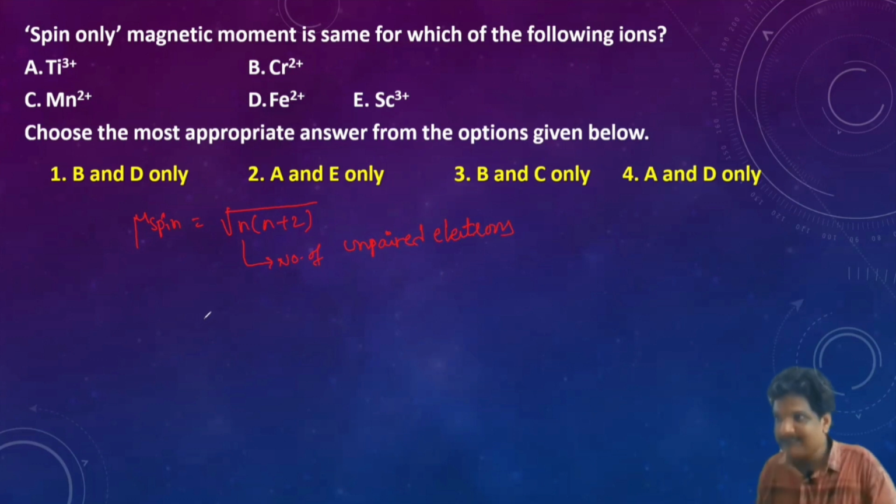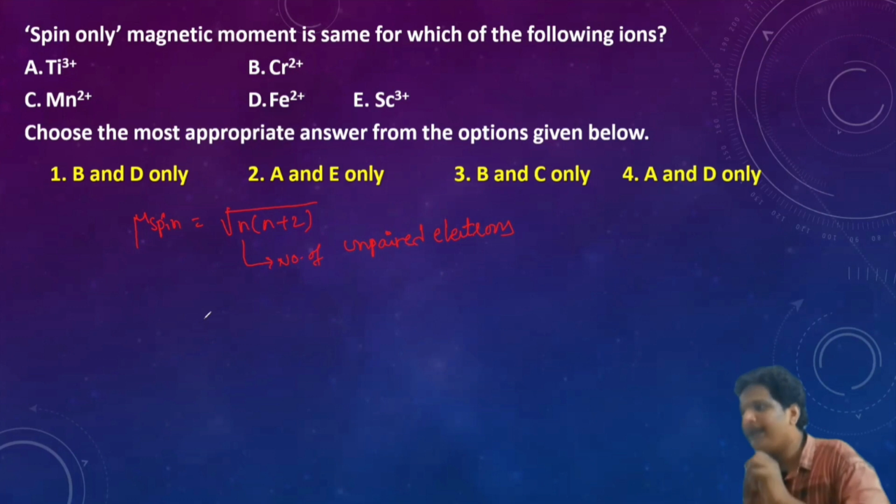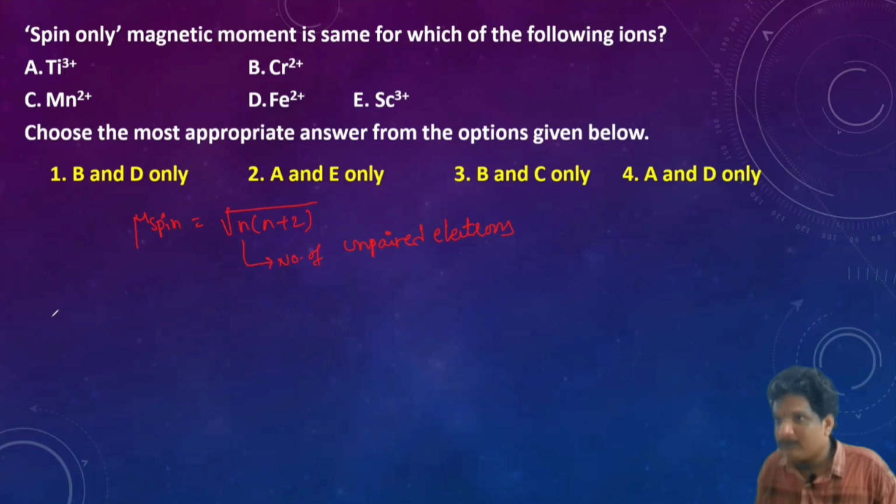Now let us see which species have the same number of unpaired electrons. If the species have the same number of unpaired electrons, they have the same spin-only magnetic moment. Titanium is 3d2 4s2, so in titanium +3 we have 3d1, only one unpaired electron.